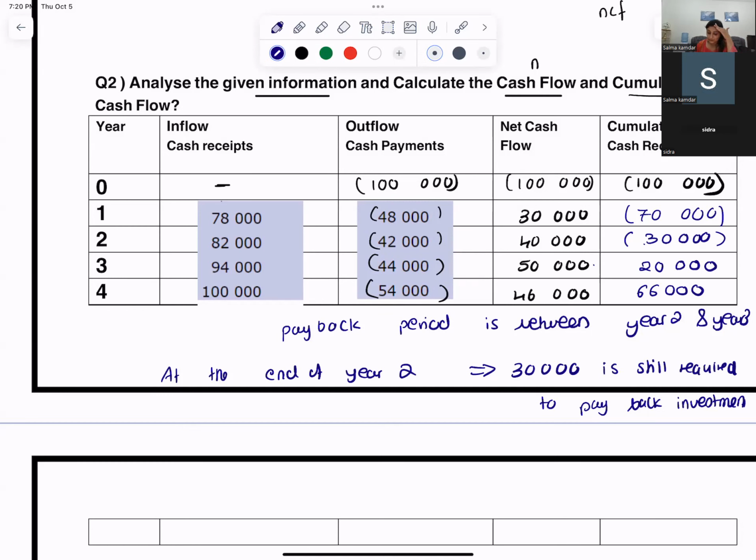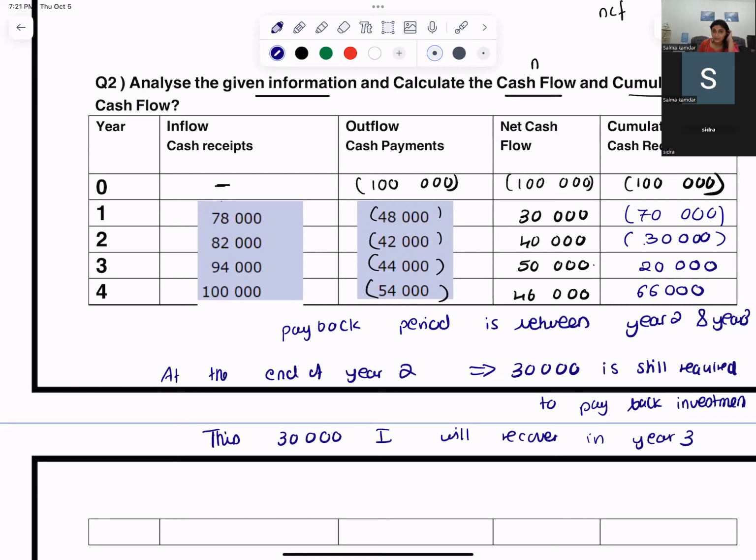So this 30,000, can I say I will recover it in year three, in 12 months?